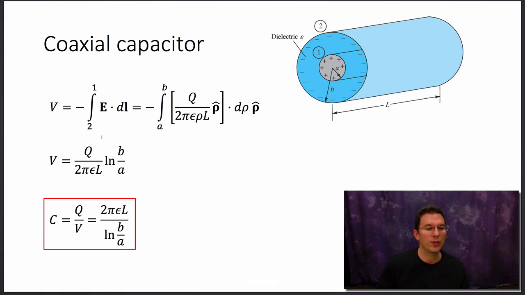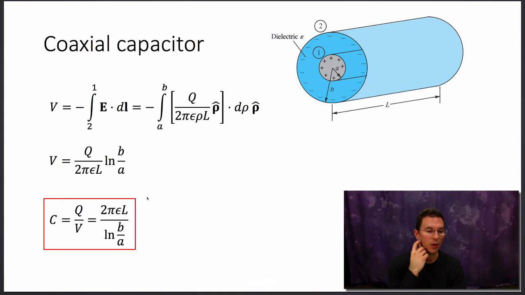Notice that the voltage is a function of Q, but the capacitance is Q divided by V. So when I substitute this expression for V, the Q's cancel out, and my final expression for the capacitance of this coaxial capacitor is independent of the original charge that we assumed.